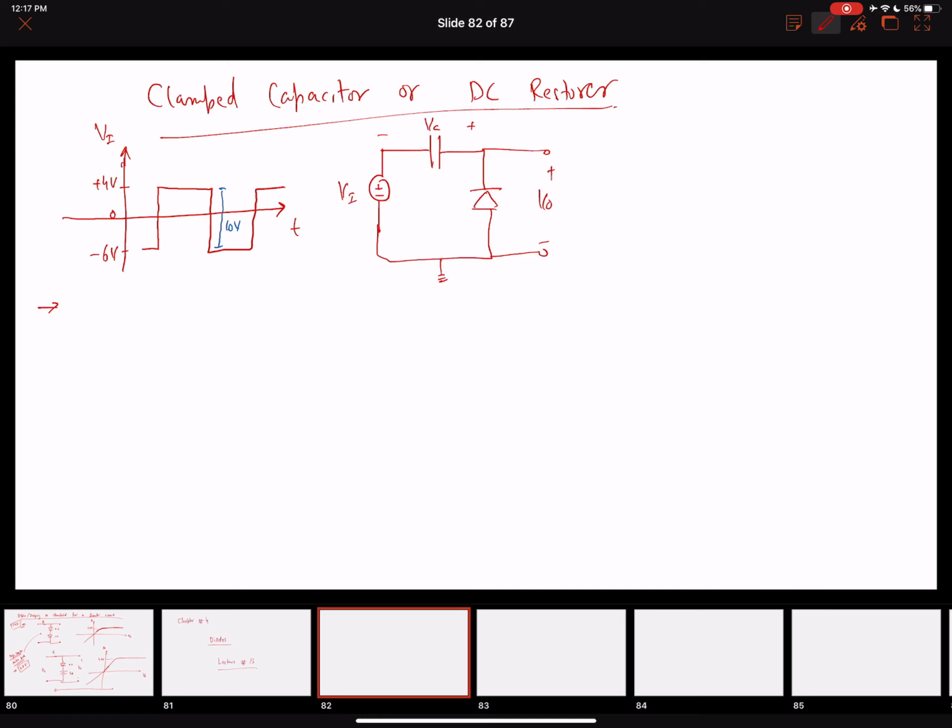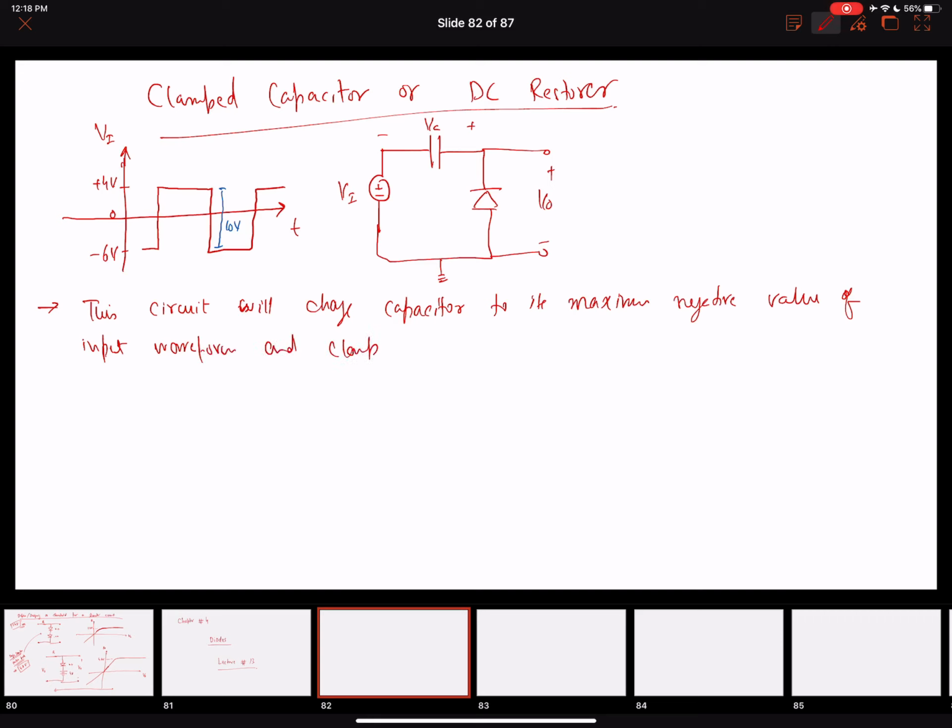So what will our clamped capacitor or DC restorer circuit do? We will see how this circuit charges the capacitor to the maximum negative value of the input waveform and clamps it to 0 volts, and that is why it's called a clamped capacitor.